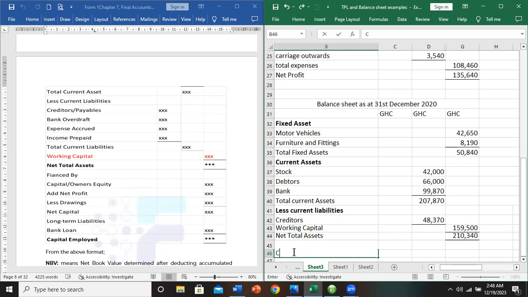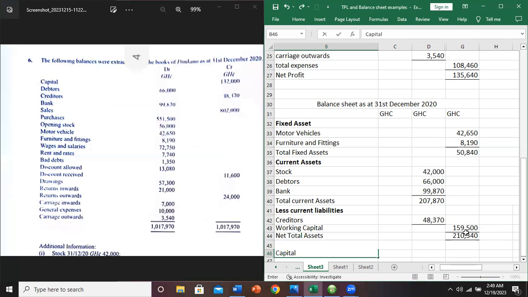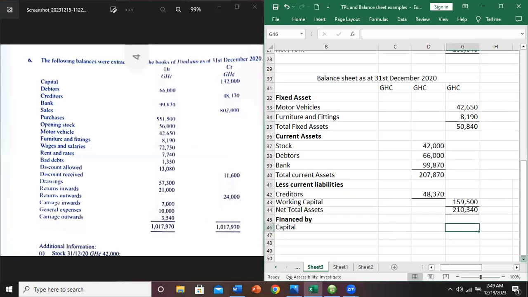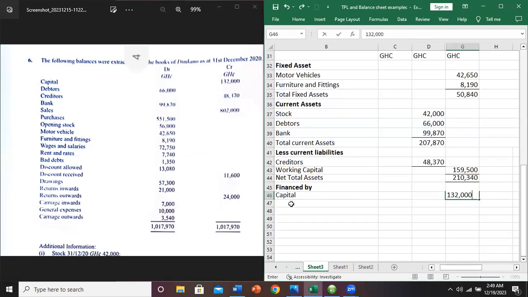So capital, let's check the question, and it's in the question, I believe. So yes, this is capital, 132,000. So that one, don't worry yourself, just put it at the third column, 132,000.